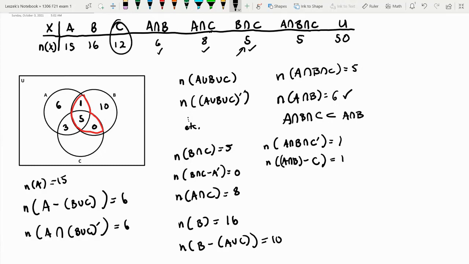And finally C, there are 12 elements in set C. 8 of them are already accounted for, so that's going to be 4. Thank you. Okay, now that we have this completed, one more thing. There are 50 elements in the universal set, so there's a total of 50 over here.